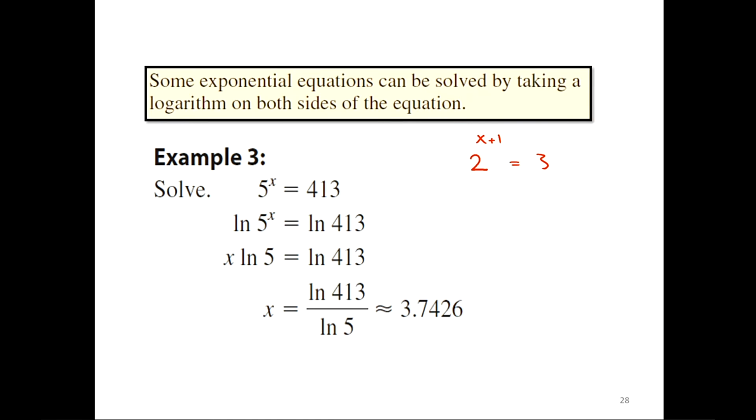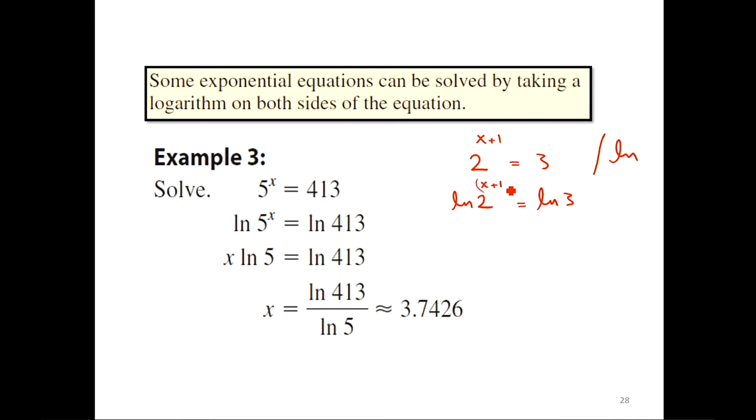We cannot convert 3 to 2 to some power or convert 2 to 3 to some power. Okay, so in this case, take the ln for both sides. So we have ln of 2 to the power x plus 1 and ln of 3.